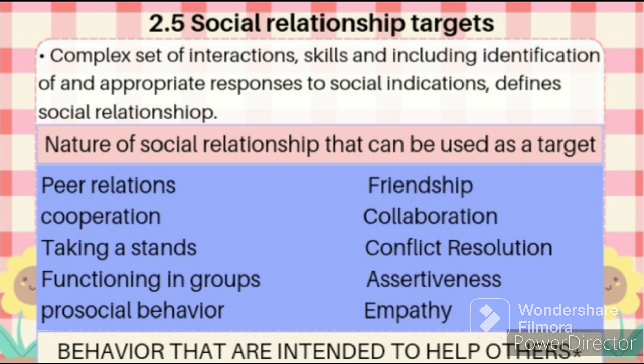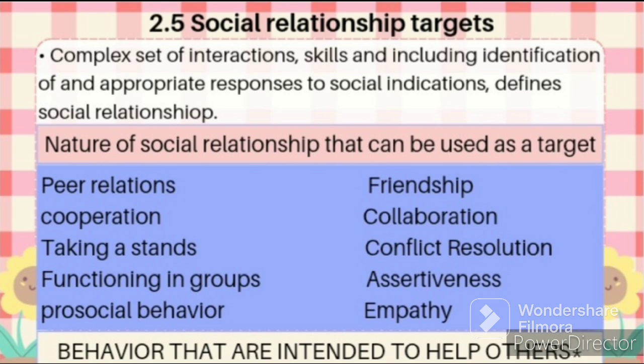So let us now proceed to the social relationship target. It refers to a complex set of interaction skills, including identification of and appropriate responses to social indications. The nature of a social relationship can be used as a target.